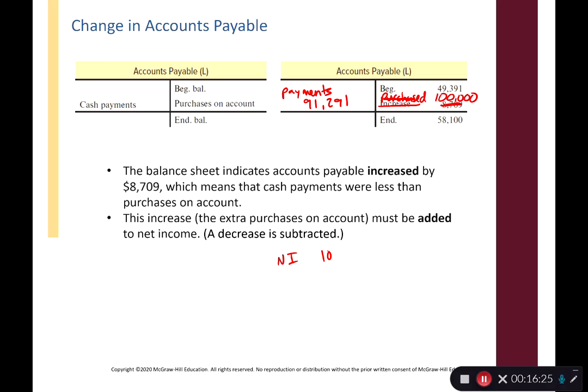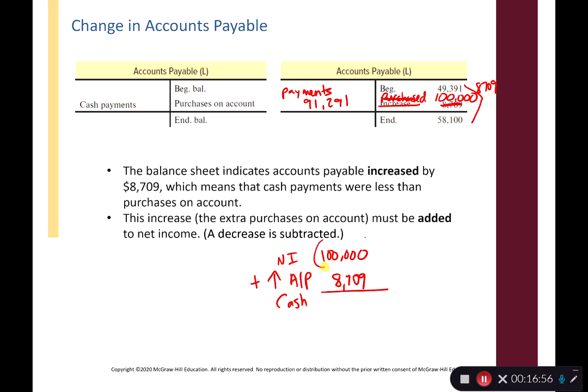Again, the goal is to take the net income effect, which would be those purchases. So the net income effect of $100,000, we want to convert to the cash effect. The rule says we add increases in current liabilities like accounts payable. Accounts payable went up by $8,709, and when I add the $8,709, I'm going to get the cash effect.